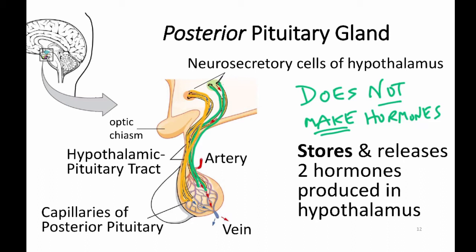There's our friend the optic chiasm, so we know that we are actually looking at the posterior pituitary here. So again, the posterior pituitary does not make any of its own hormones. The hormones that it releases are from specialized neurons in the hypothalamus called neurosecretory cells.